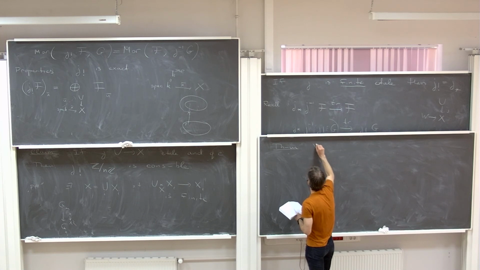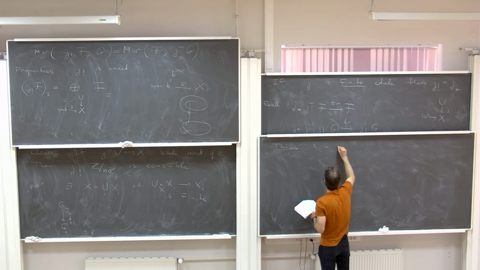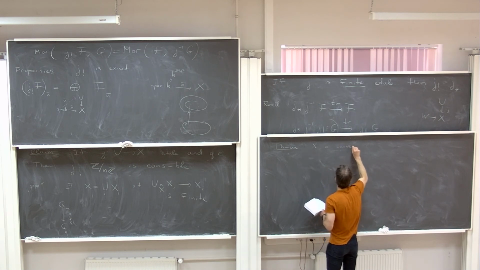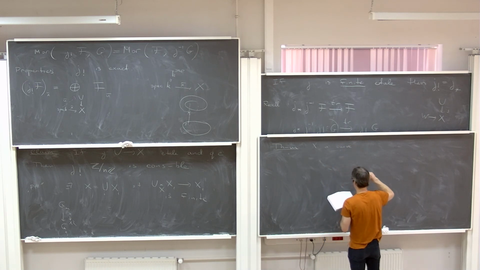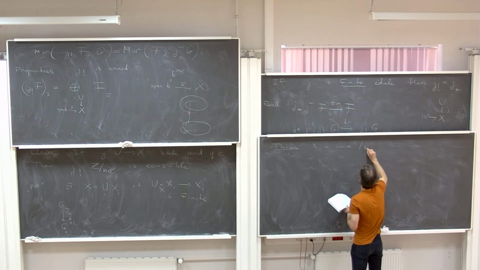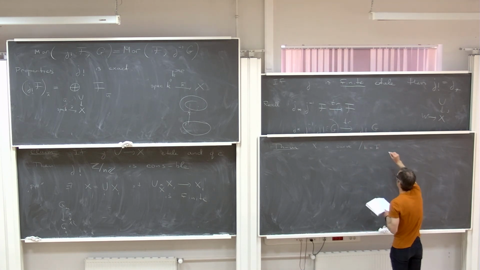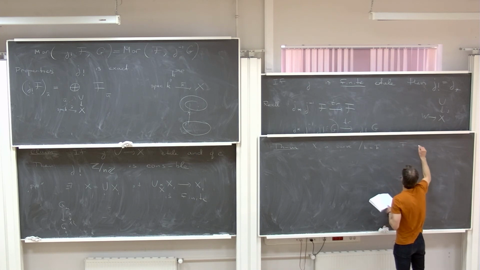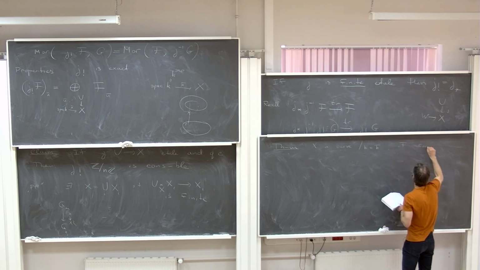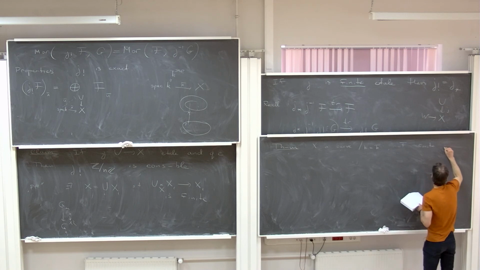X is a curve over an algebraically closed field, and F is finite constructible.